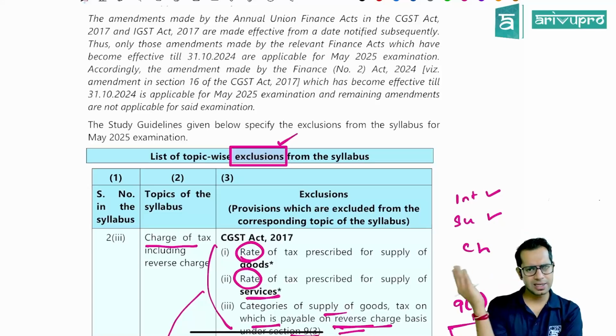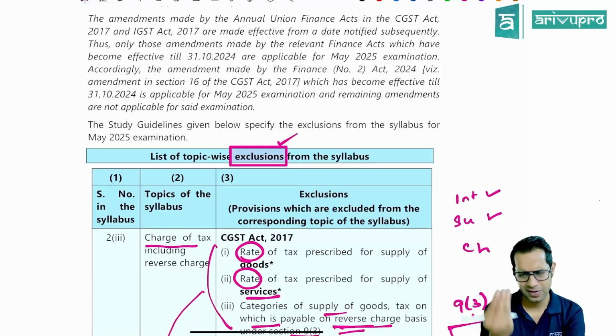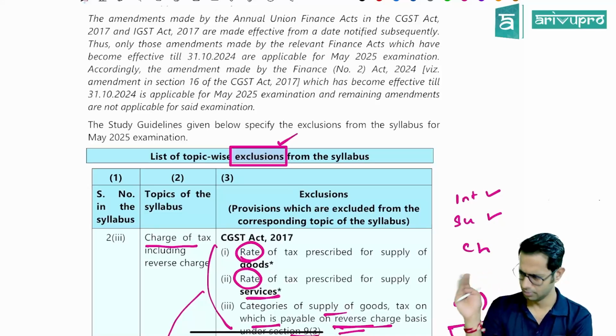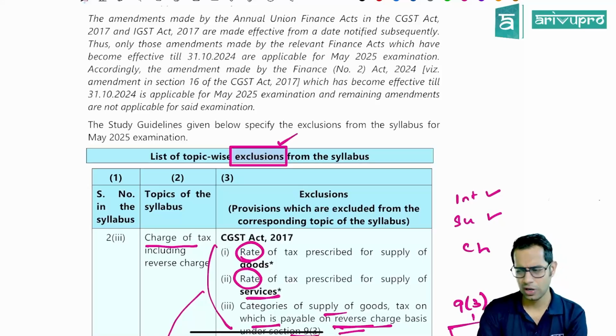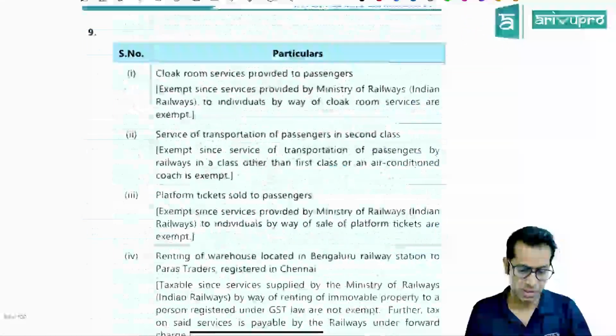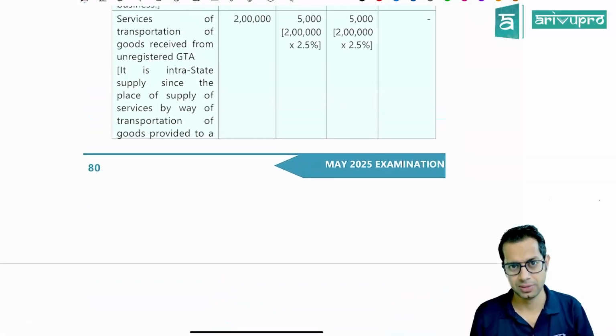And there are some exclusions under your GST, which we have anyways not studied in our classroom, and I have always told that you don't have to know them also. Now, the Institute also has clarified that point by giving a separate notification. Okay, this is your RTP which they have given for the upcoming examination.